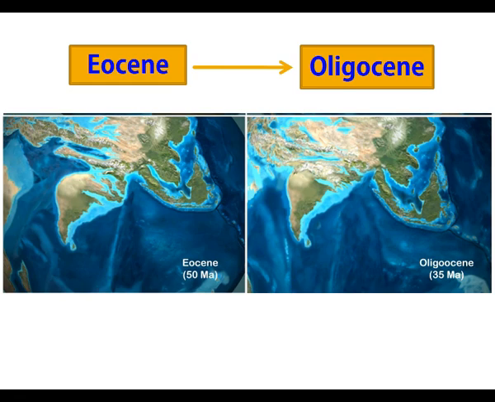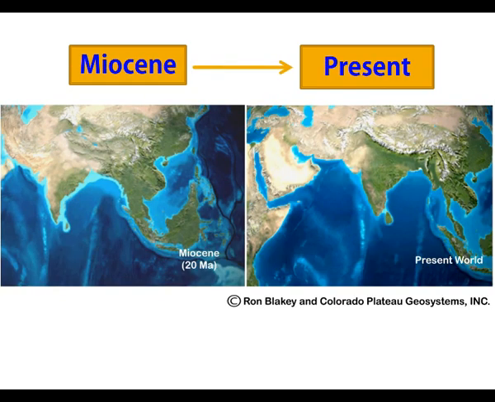The collision between the Indian plate and the Eurasian plate was at its peak. The present map, when you look at the orogeny of the Himalayas, clearly indicates the sutures of these two plates, the Indian plate and the Eurasian plate.